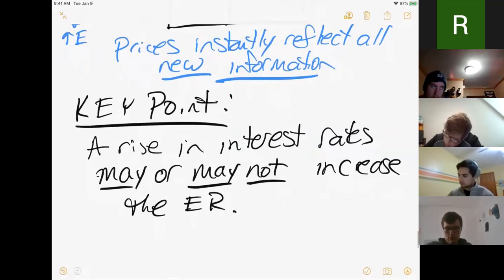A rise in interest rates may or may not increase the exchange rate. Wait, didn't I just say that a rise in interest rates does increase exchange rates? Not necessarily.